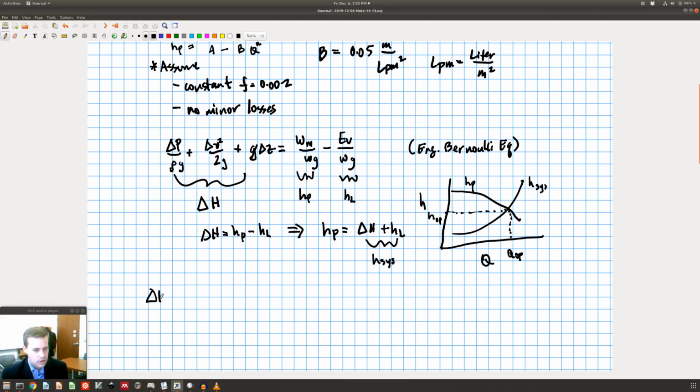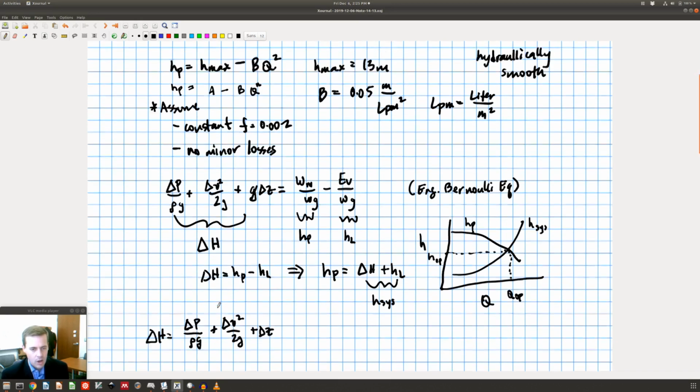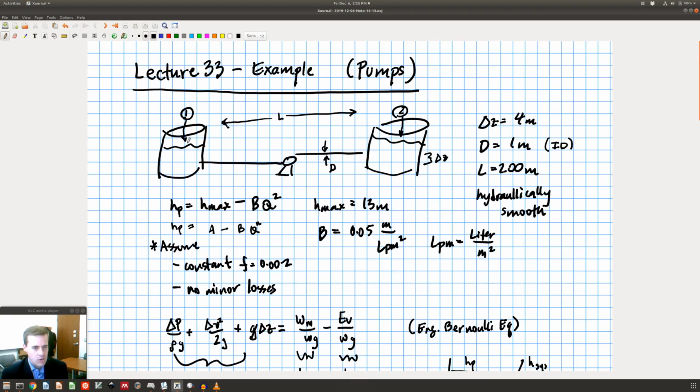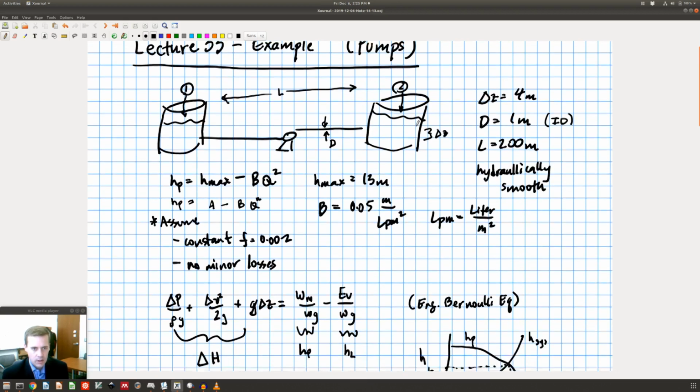So I can look at delta H. Delta H is delta P over rho g plus delta V squared over 2g plus delta Z. By picking the top of the liquid, I know that the pressure is atmospheric here.